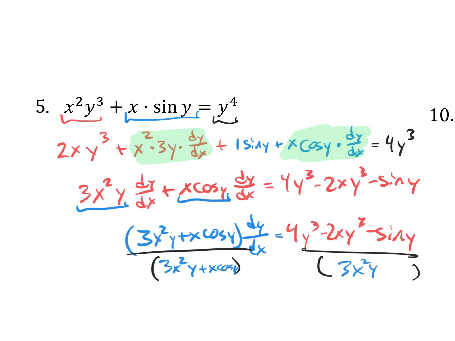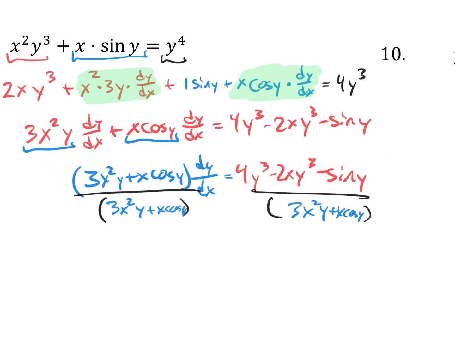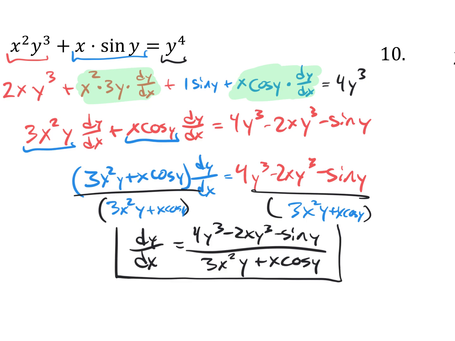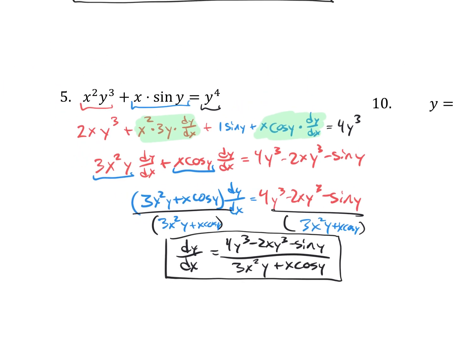And we're done. Dy dx equals 4y cubed minus 2xy cubed minus sine y all over 3x squared y plus x cosine y. Here you go. All right, there's our implicit. That one's got a little bit of work there.